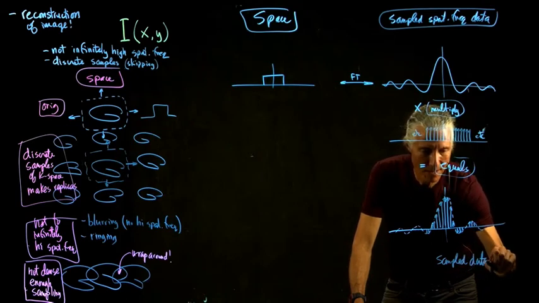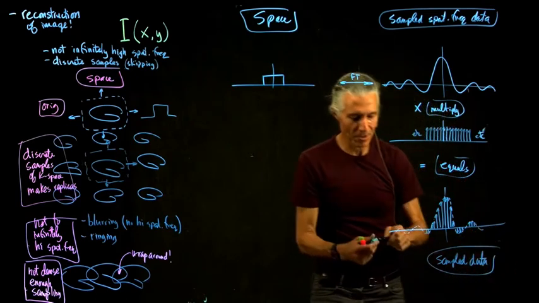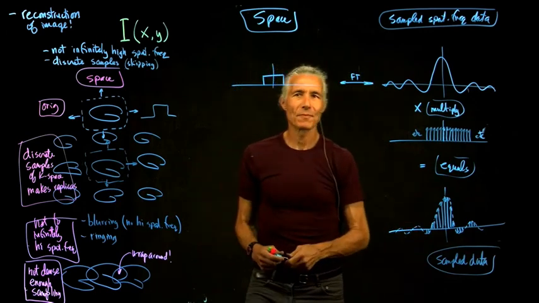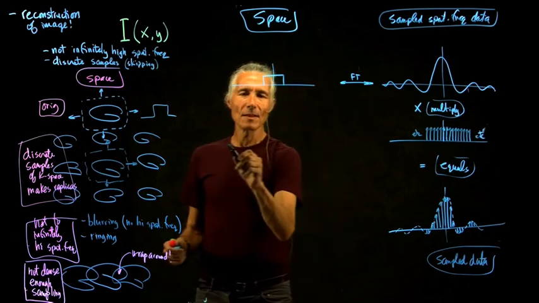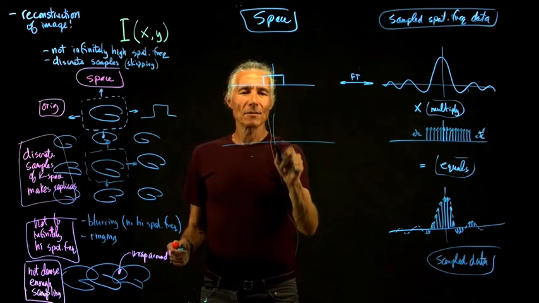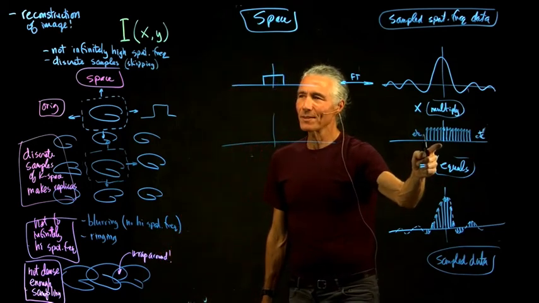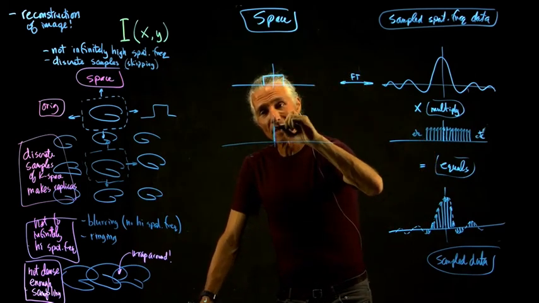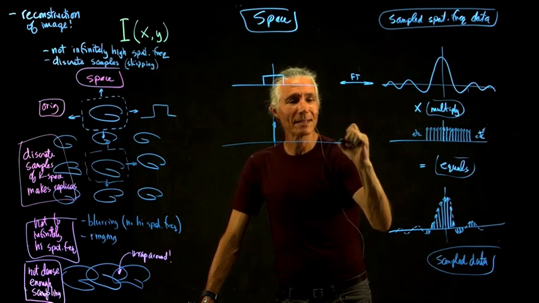So can we use the idea that convolve on one side is equal to multiply on the other side? It turns out you can do a Fourier transform of this thing. And what does it look like? Well, it looks like some spaced out spikes.